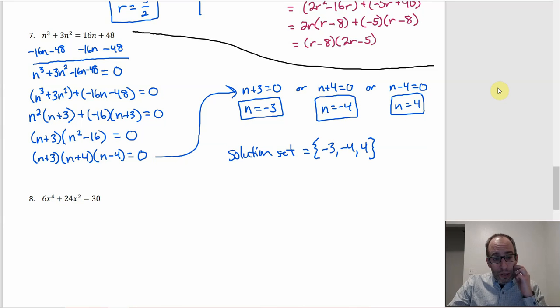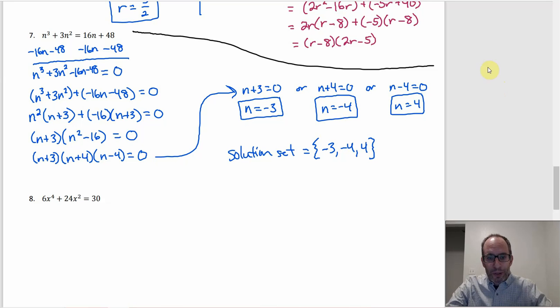And one other thing that I think is worth mentioning is when you've got it set up where you've got the 0 on one side and the polynomial on the other, whatever the degree of the polynomial is, it's possible to have that many solutions. You could have less than that, right? Like if you had a perfect square trinomial, then you're probably just going to have 1, even though it's a degree 2 polynomial.